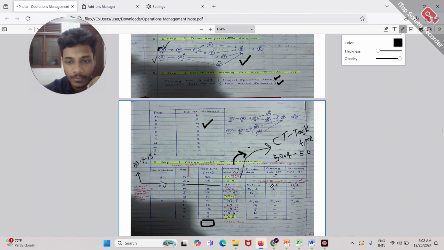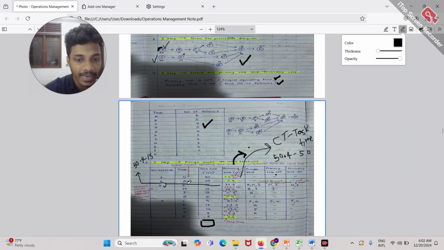Therefore, you can put H or I, anyone here, because according to the primary rule, H and I are the same, and according to the second rule as well, H and I have the same number of followers.